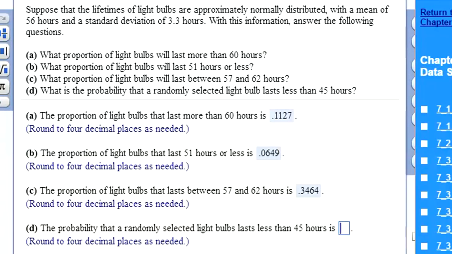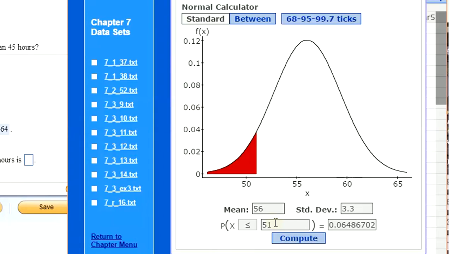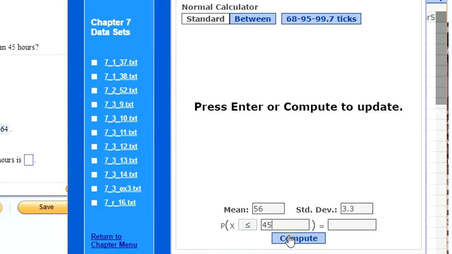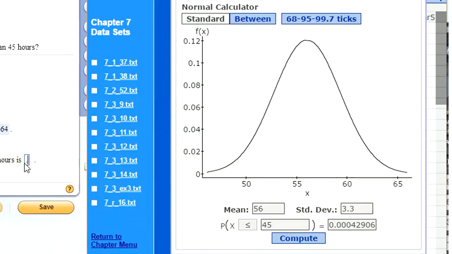So that's back to a standard. The probability that a random light bulb lasts less than 45 is the same as what proportion of light bulbs last less than 45. The probability and the proportion really are saying the same thing. You can see this is 0.0004. That's 0.04%. Very few light bulbs.